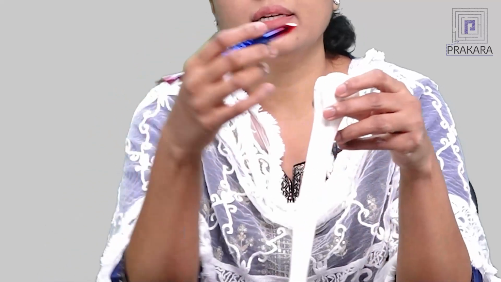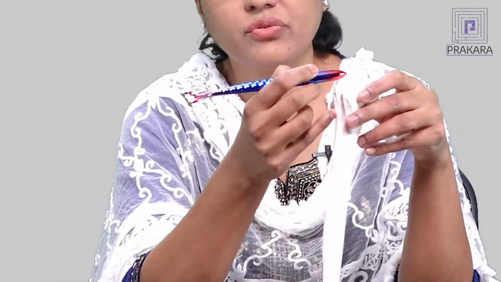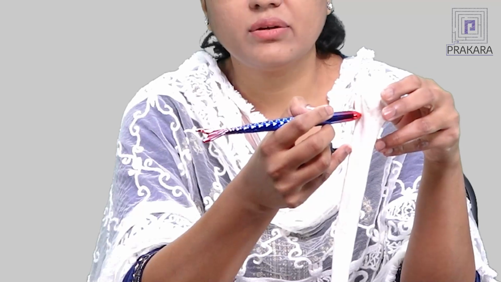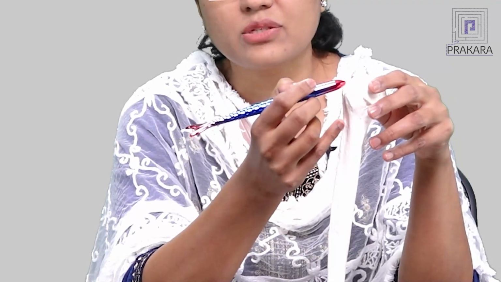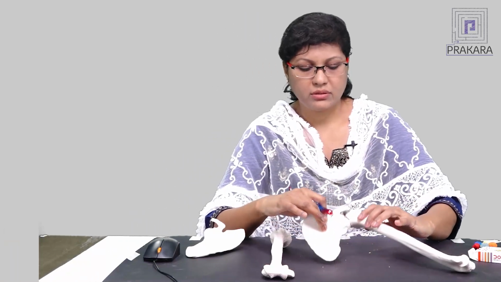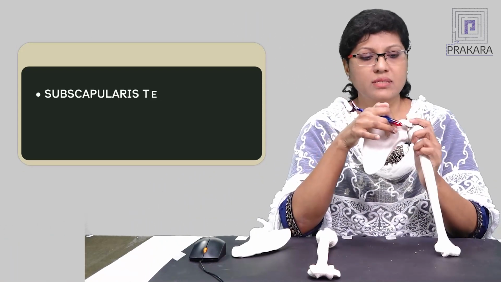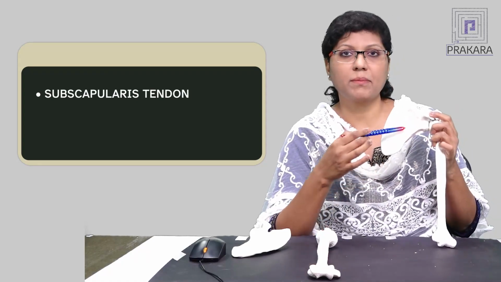So, why is this deficient on the upper part of the intertubercular sulcus? Because from here the long tendon of the biceps brachii passes. That is why the capsule is deficient here. Now, this fibrous capsule is supported by the expansions of the tendons. From the front, the subscapularis, which is present in the subscapular fossa.